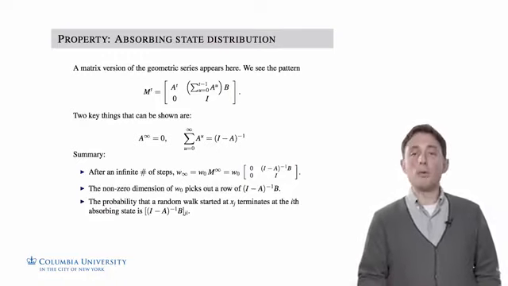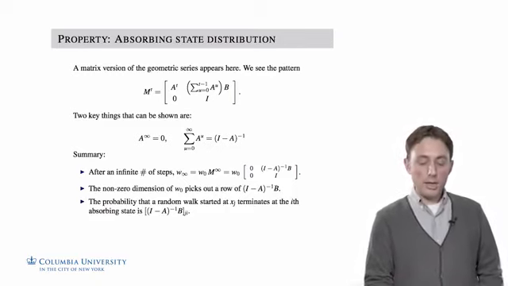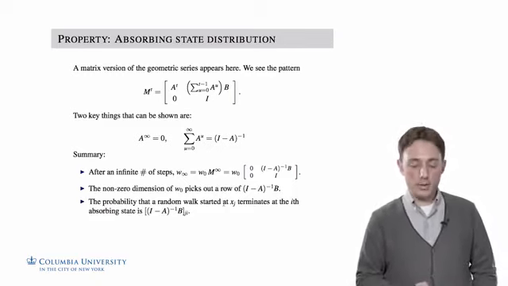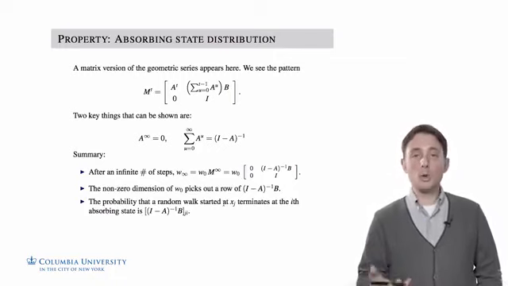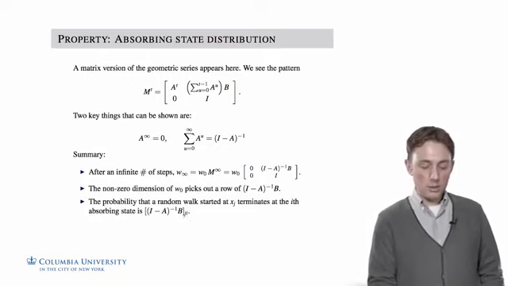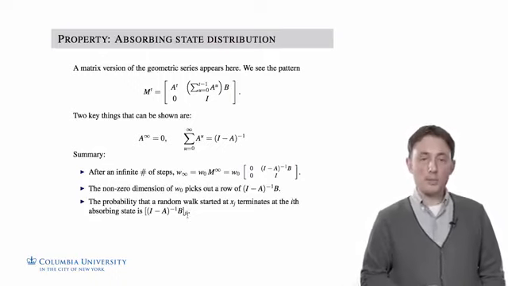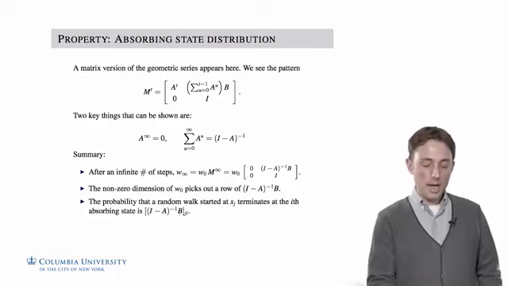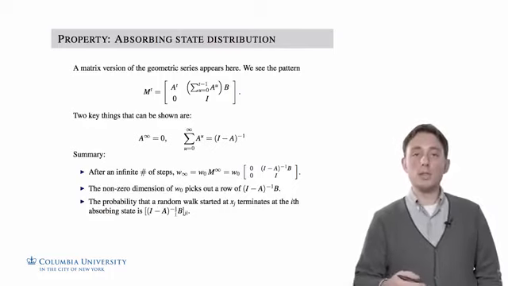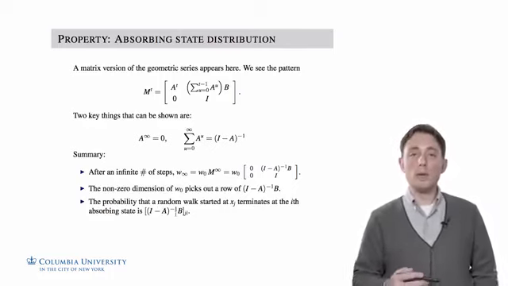So, for example, in returning to the semi-supervised classification problem, given that I start at point xj, the probability that I terminate at the ith absorbing state is simply equal to the jith element of this matrix, which I can calculate, because A and B are submatrices of my random walk matrix that I constructed using the kernel.